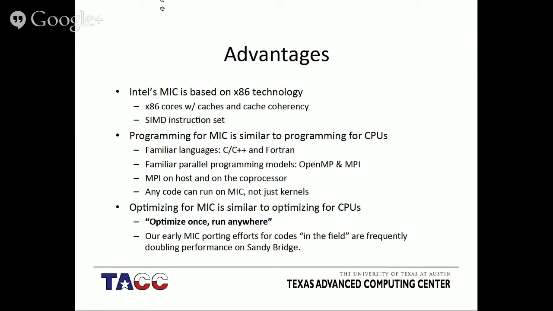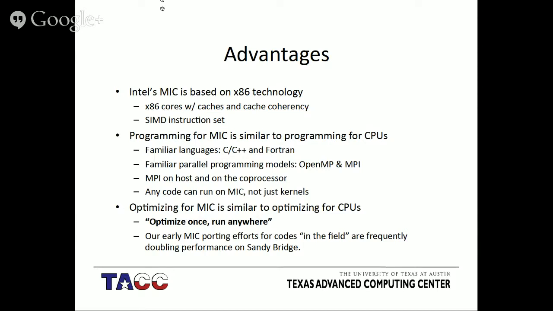I'm not saying that running MPI tasks on the coprocessor is always a good option. It's kind of the other way around. For few codes, that will apply. But at least you have the choice of trying that out and seeing what the performance is.